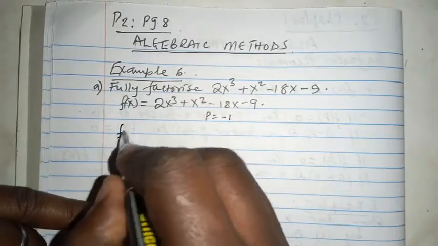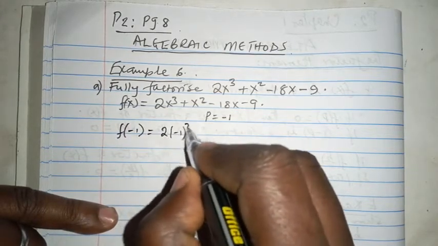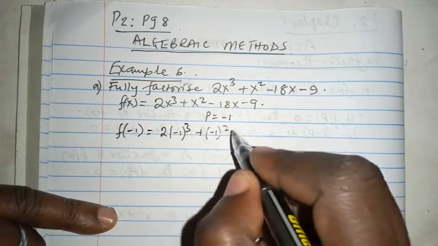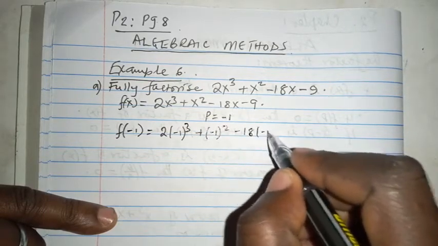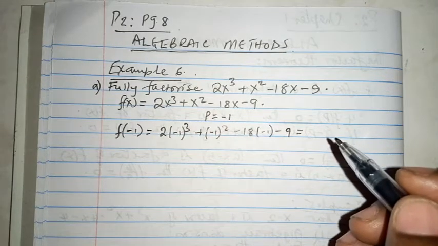So f(-1) is 2(-1) cubed plus (-1) squared minus 18(-1) minus 9. What does this give us?